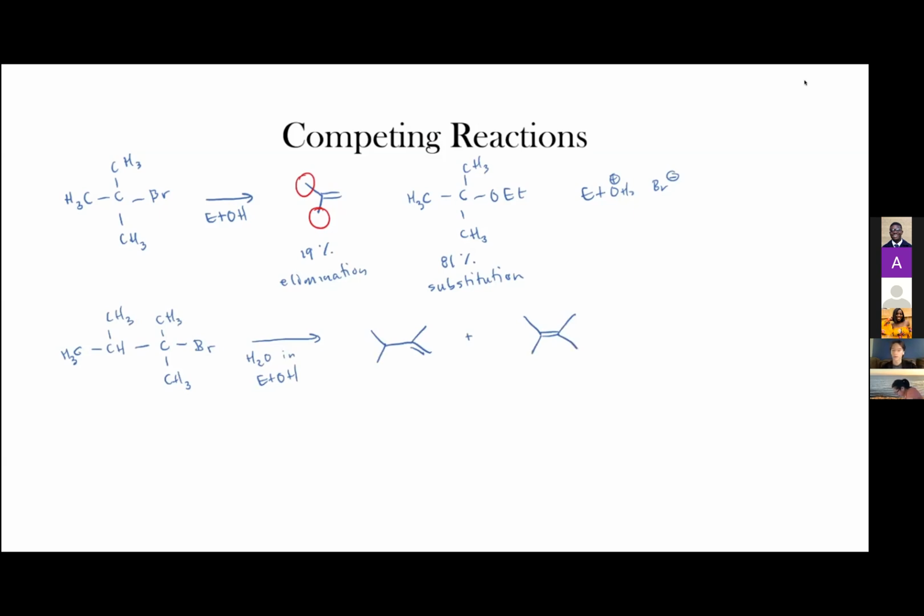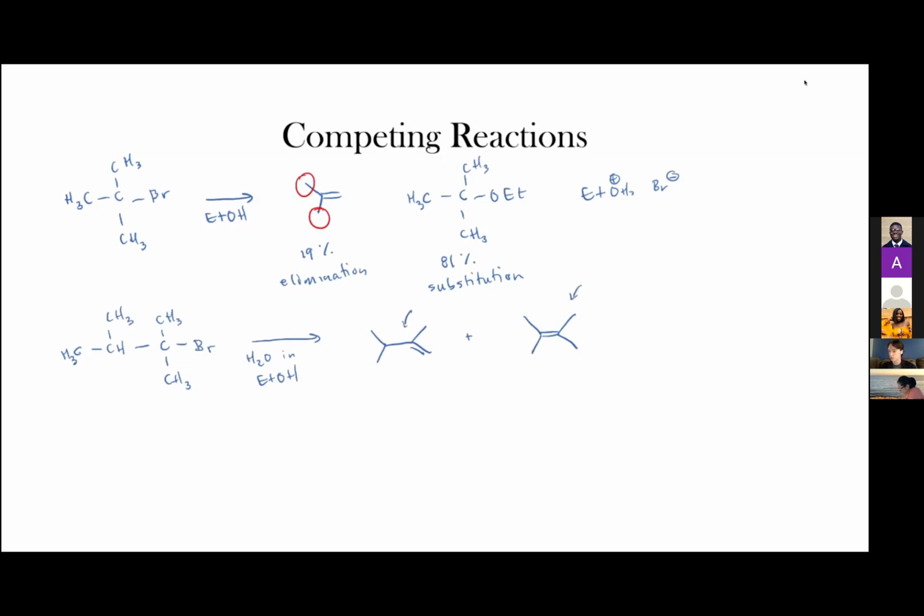Because of the beta hydrogens that were taken, this one right here has only 2 substituents around the double bond, whereas this one has 4 substituents.